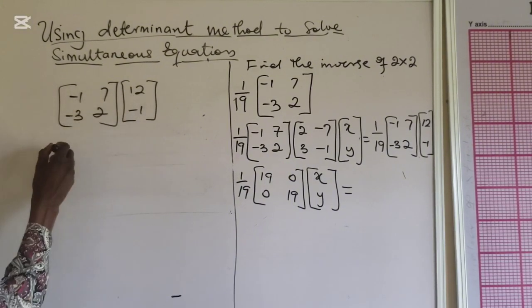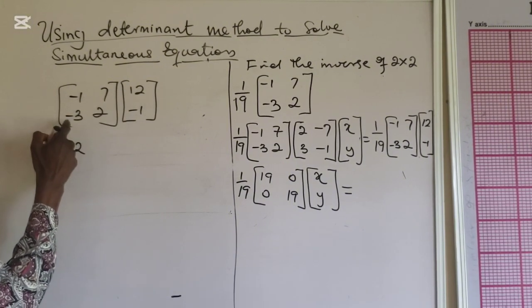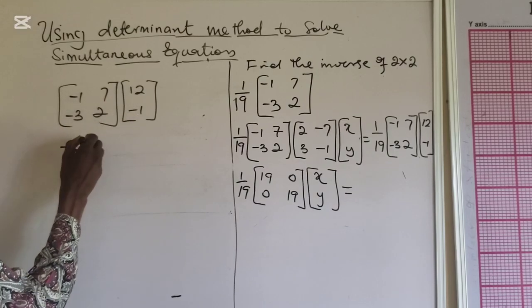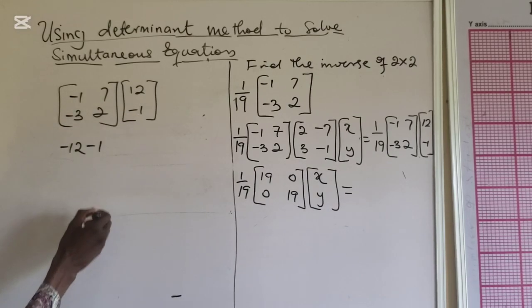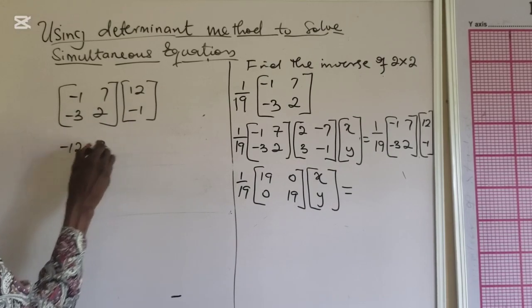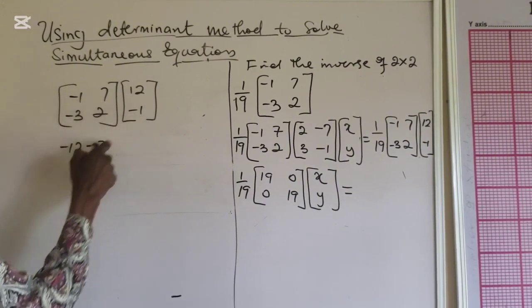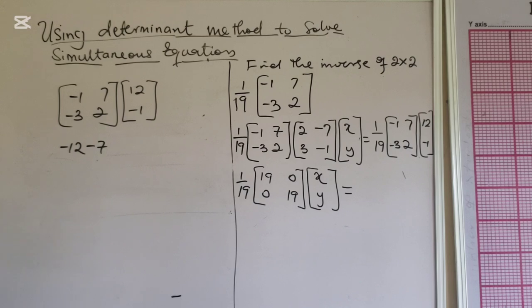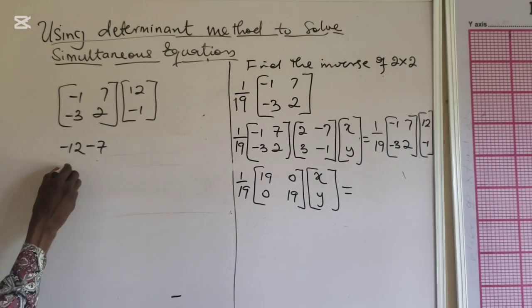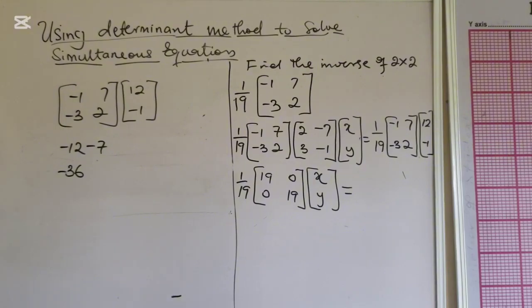Minus 1 times 12 is minus 12. 7 times minus 1 is minus 7. 3 times minus 12 gives us minus 36.